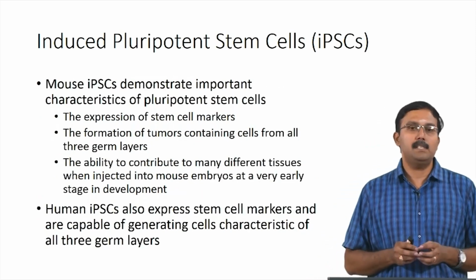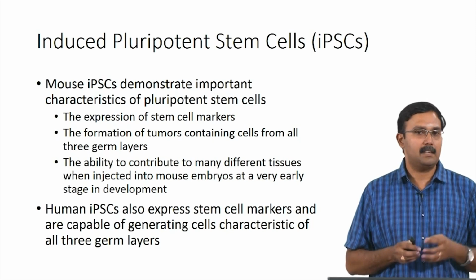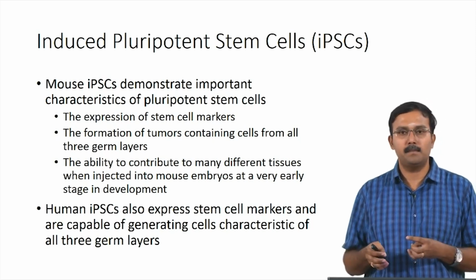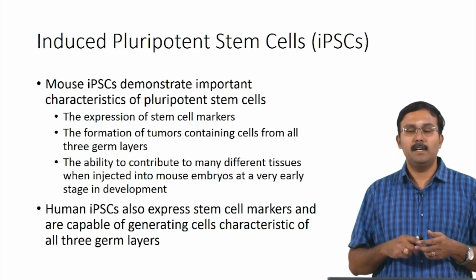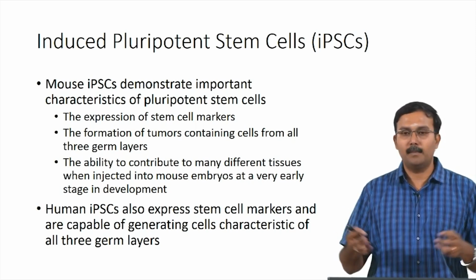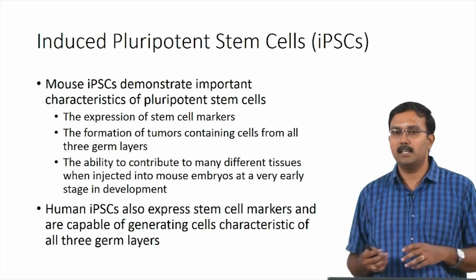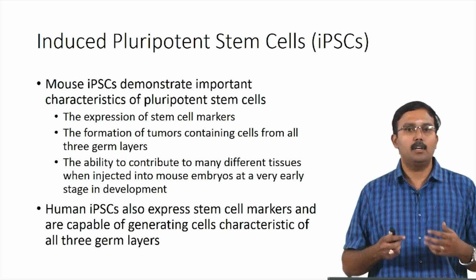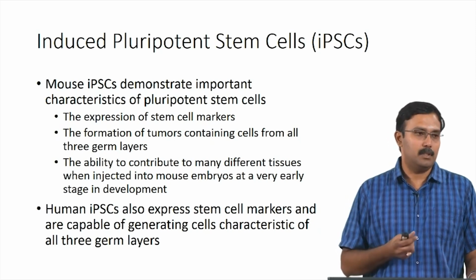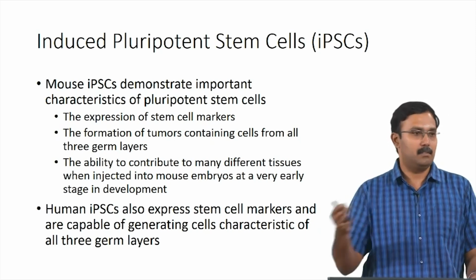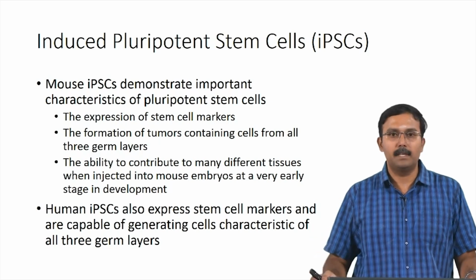Mouse iPSCs demonstrate certain important characteristics seen in pluripotent stem cells: expression of stem cell markers, the ability to form teratomas, which are tumors containing all 3 germ layers, and the ability to contribute to many different tissues when injected into the embryo at early stages of development.